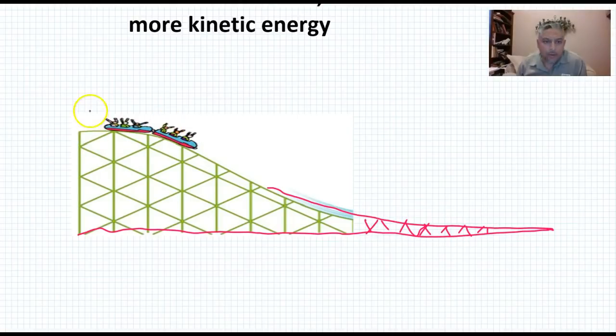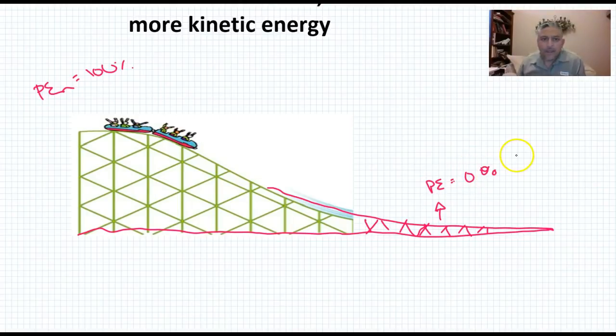When we were talking about potential energy, we said that the potential energy over here on the top was equal to 100%, right? Because that's the highest elevation. And at the lowest elevation, your potential energy will be equal to 0% because there was no elevation anymore, right? But for kinetic energy, I want you to keep one thing in mind.